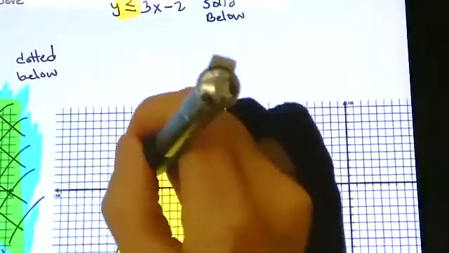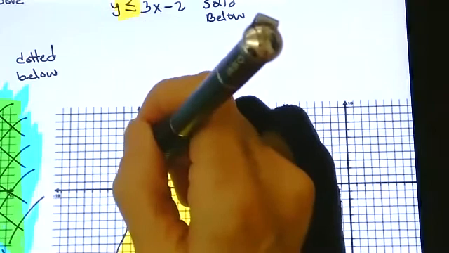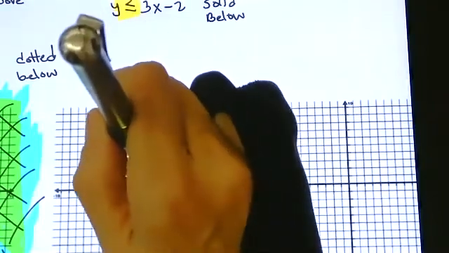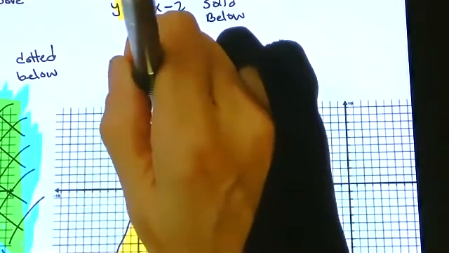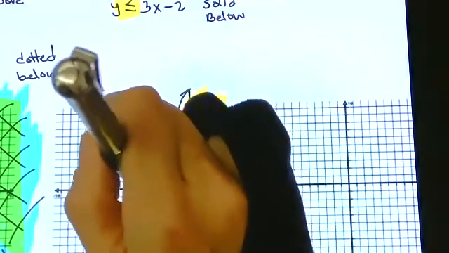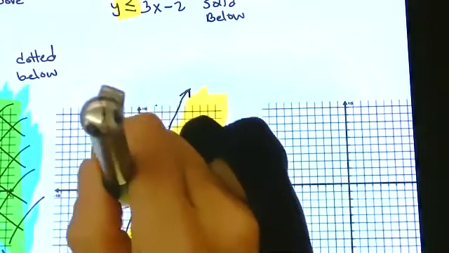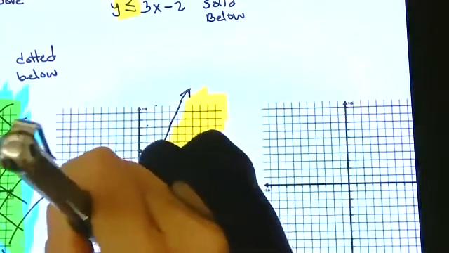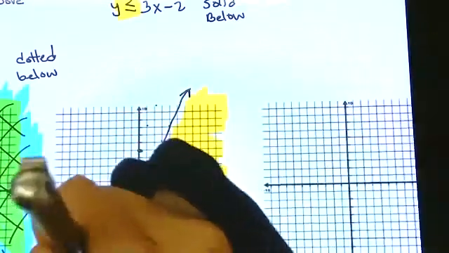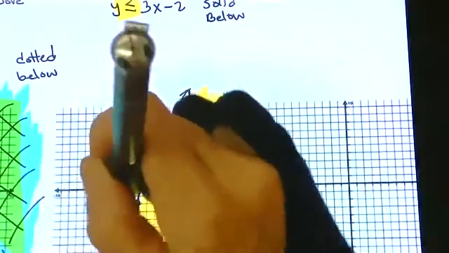So we're going to do all of that. So 1, 2, 3, 4, 5. And then up 3 over 1, down 3 over 1, and dotted.